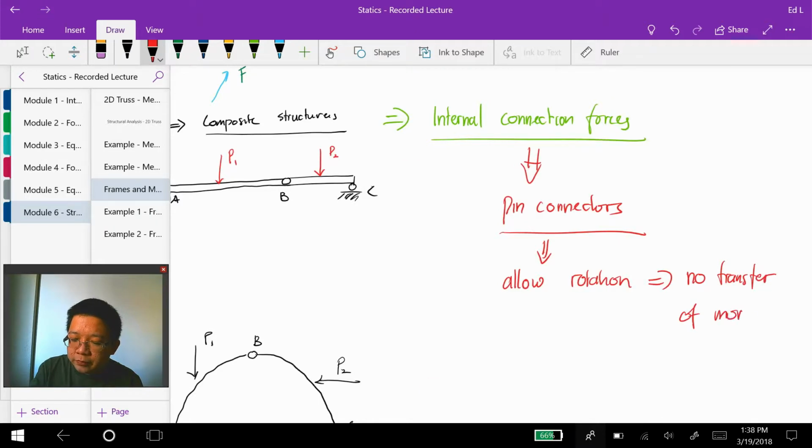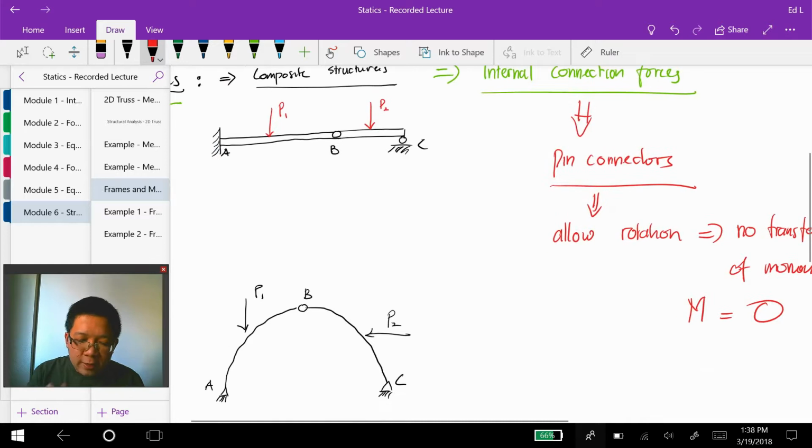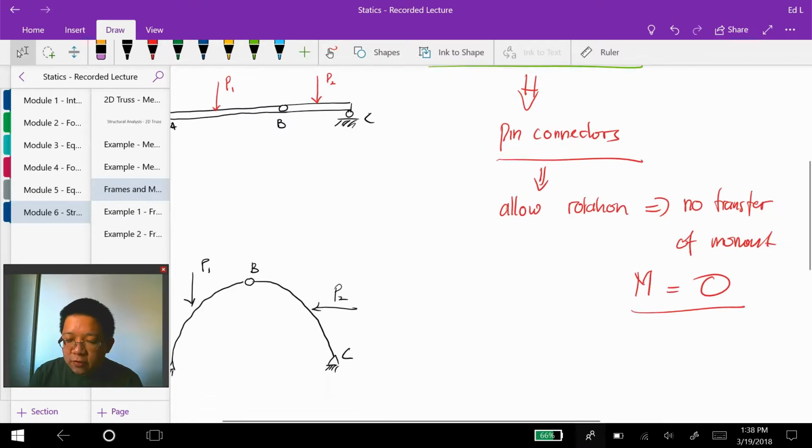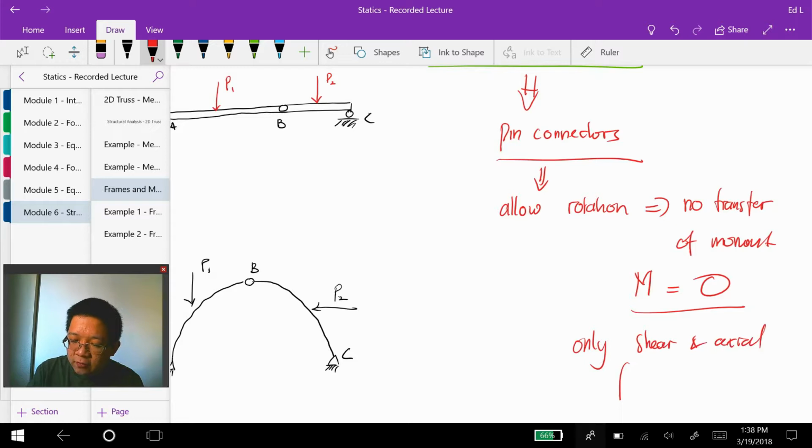In other words, the moment is equal to 0 at the location where there's a pin connection. Since the moment is 0, the only forces that can be transferred are shear and axial forces.